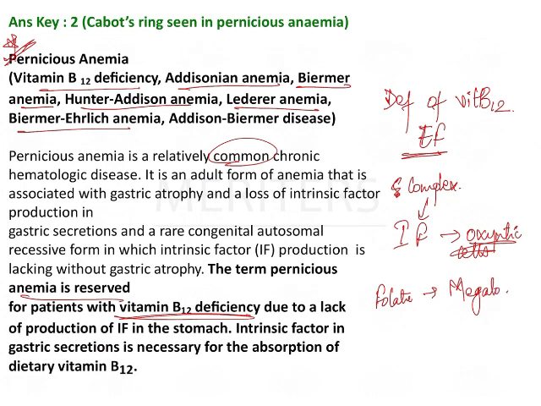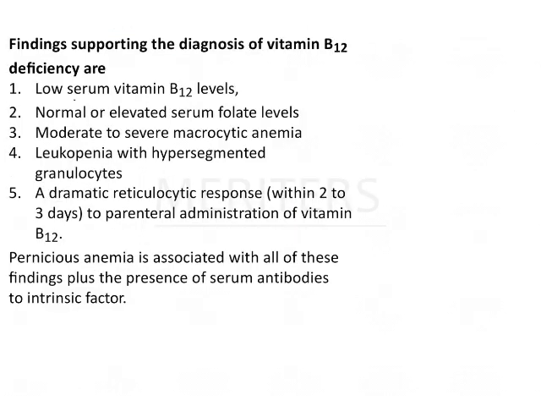And in both pernicious as well as megaloblastic anemia, there is a deficiency of nuclear maturation of the RBCs. So the findings that you will see are low serum vitamin B12, elevated serum folate, macrocytic anemia as I had mentioned, and leukopenia with hypersegmented granulocytes.